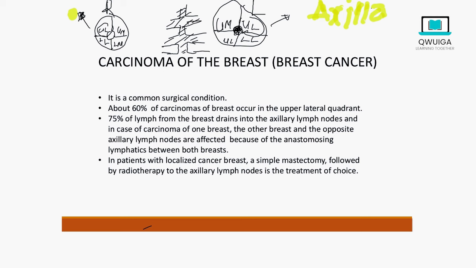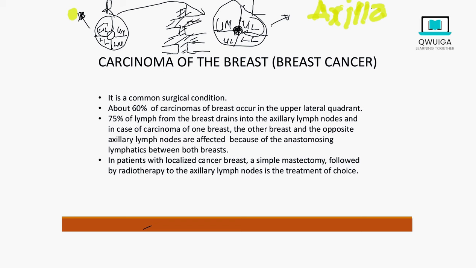There are linkages between the lymphatics of both breasts, the axillary lymph nodes of the right hand side and the axillary lymph nodes of the left hand side. This is why there's something called crossing. Breast cancer could cross from one breast even onto another one.